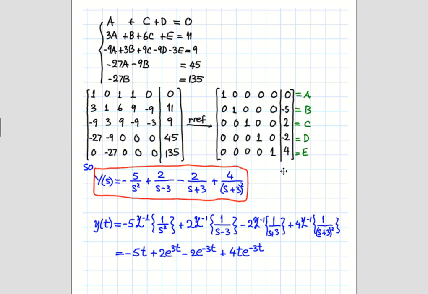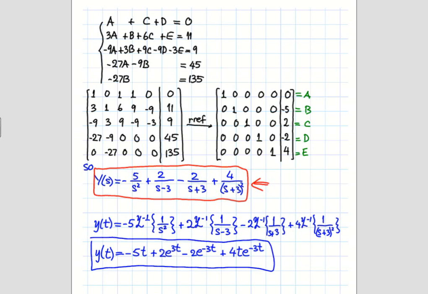Then we have all the coefficients from a to e. We have Y(s) equal to this equation, and finally do the inverse transform, and we have y of t equal to that function.